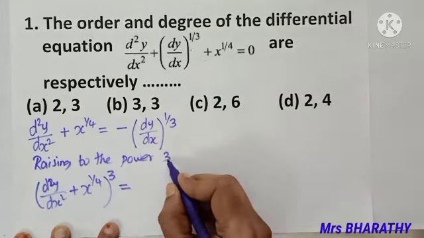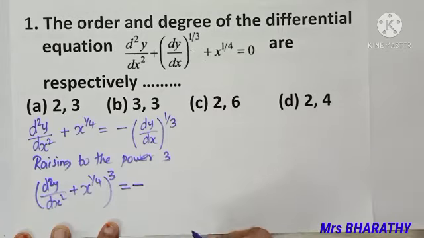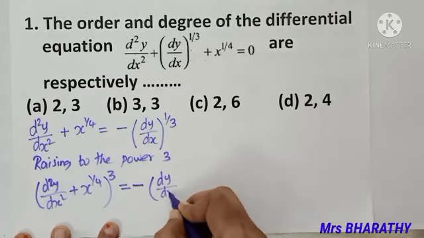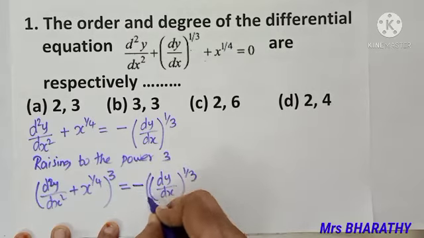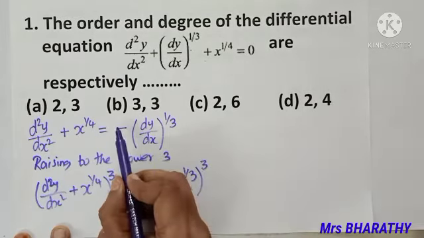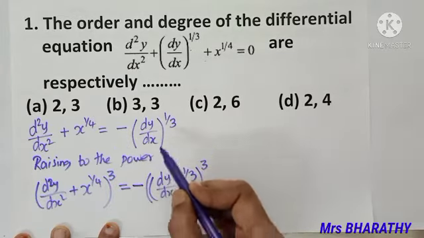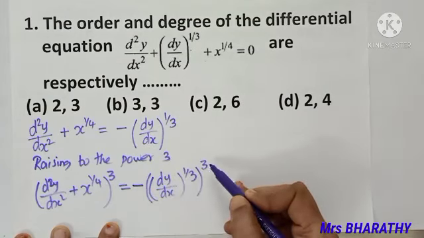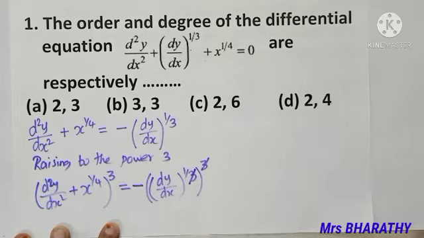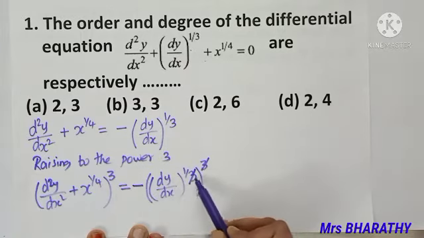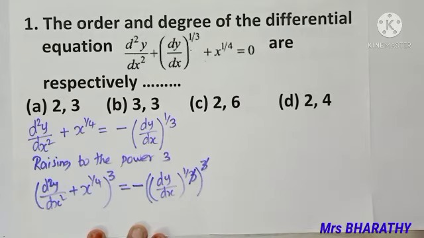RHS minus, if I raise to the power 3, it is negative. dy by dx the whole power 1 by 3, as I raise to the power 3, it is still negative, and 3 and 3 will get cancelled. Now there is no radical symbol. Can I have x to the power 1 by 4? Yes, that is allowed. The differential coefficient should not contain a fraction power. We have got rid of it.